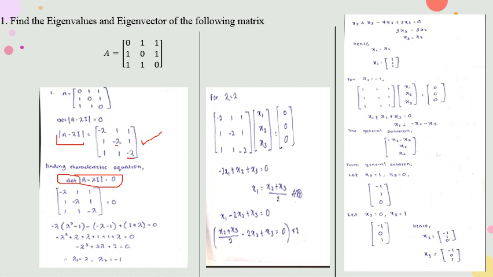To find the determinant manually, we look at the first row, first column, negative lambda, and we put it outside the bracket, and we see this part where negative lambda times negative lambda gives lambda square, minus 1 times 1.